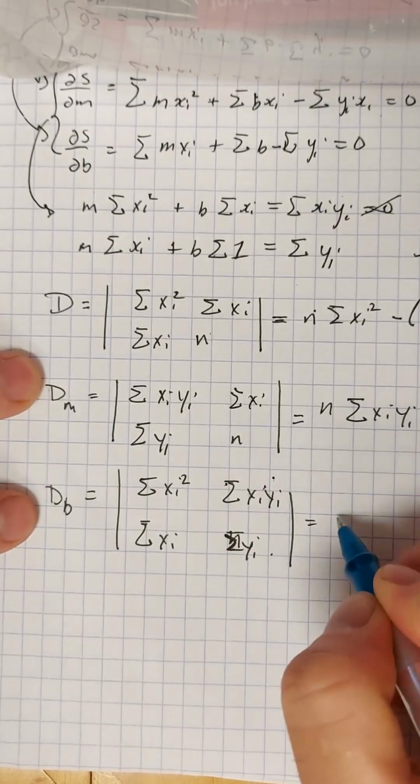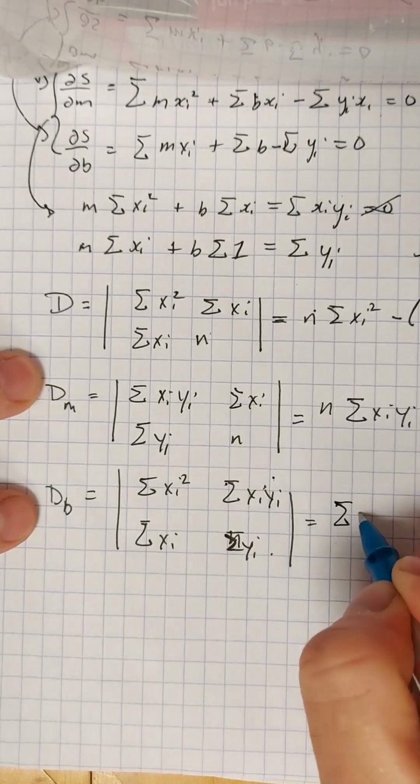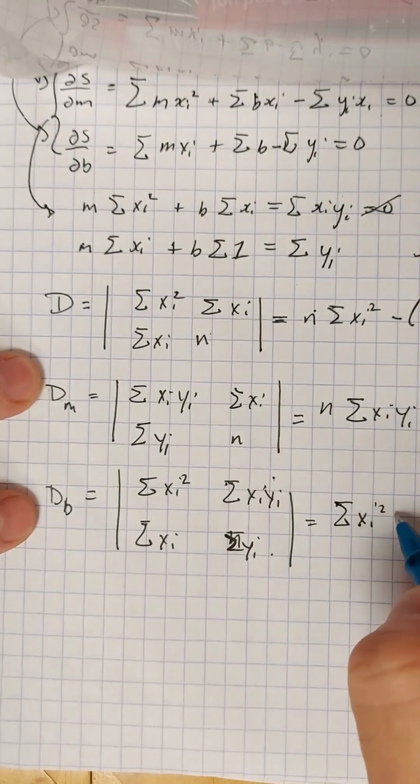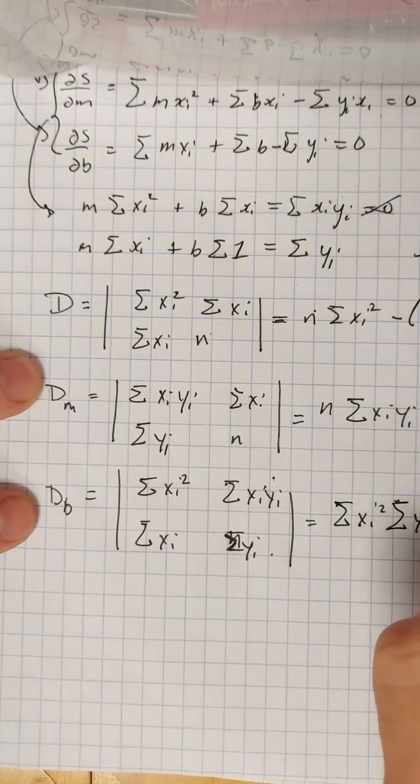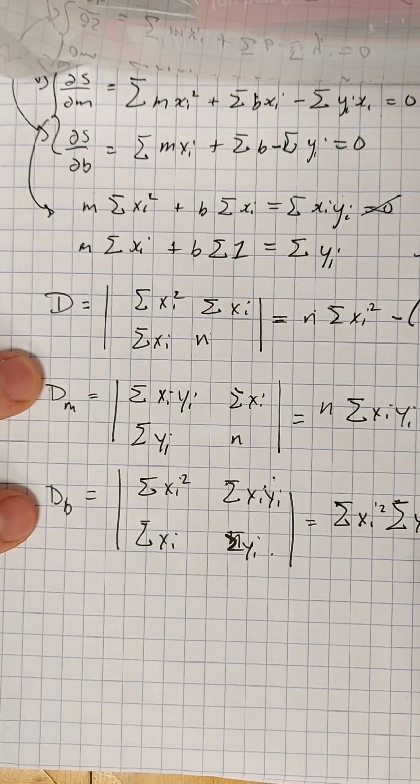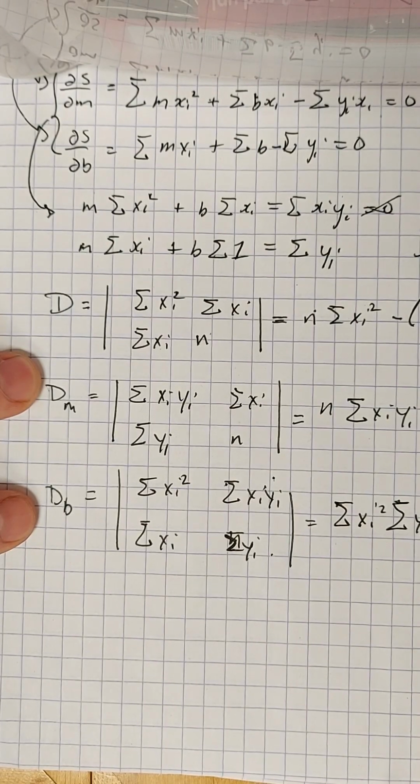So if we look at the determinant of this one, we get the sum of x_i squared times the sum of y_i, minus the sum of x_i times the sum of x_i y_i.